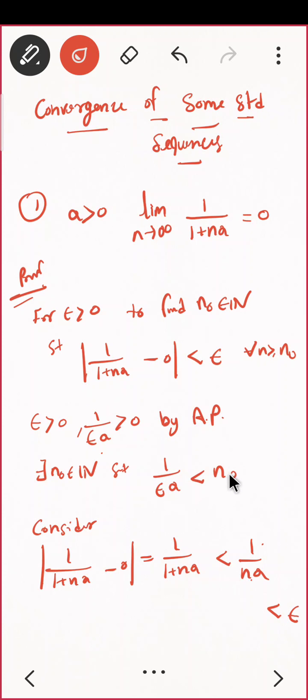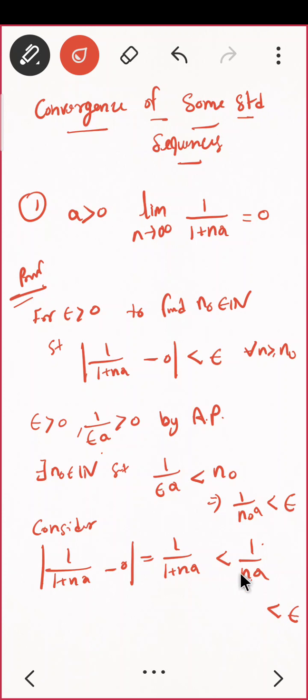Do you agree? What do you mean by that? Can I take n naught here and epsilon there? That means 1 upon n naught is less than epsilon.